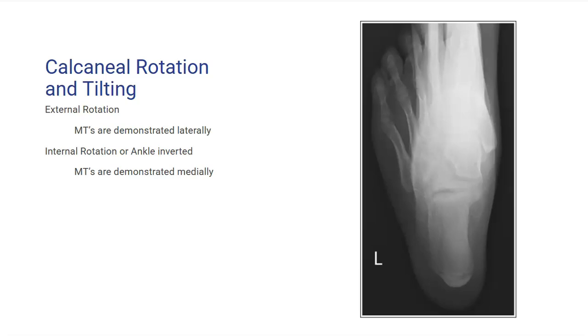Conversely, if the leg is externally rotated or the ankle is everted, the fourth and fifth metatarsals will appear laterally. Ensuring correct alignment of the leg and foot helps achieve an optimal projection, preventing distortion and maintaining accurate anatomic representation.